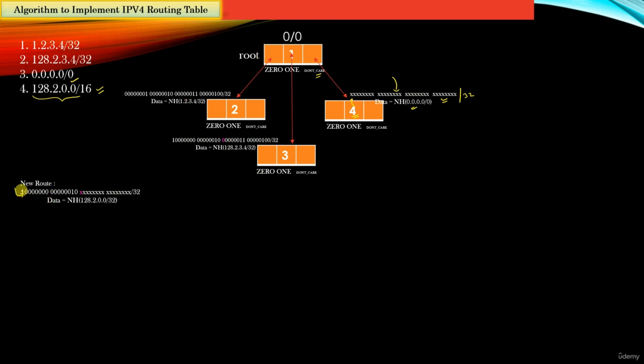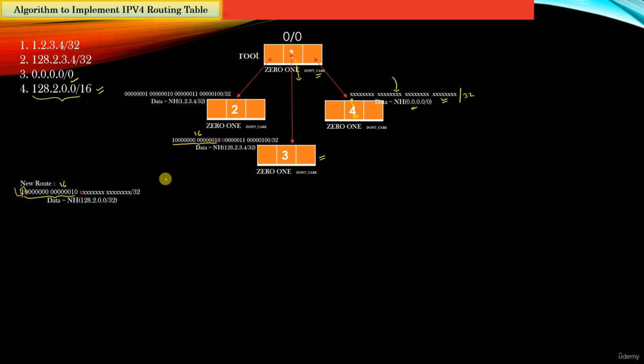The first bit of this new route is 1, so we will traverse child number 1 of the parent node. So we reach the node number 3, and once we descend down the tree, we do the prefix matching. We will match the effective prefix of the node 3 with the effective prefix of the new route, and we find that the first 16 bits of the node 3 match exactly with the first 16 bits of the effective prefix of this new route.